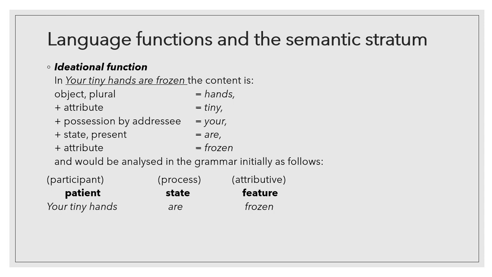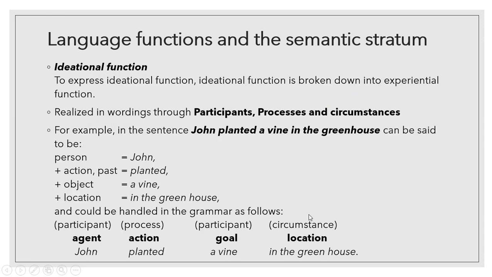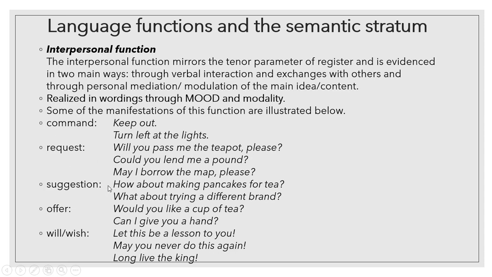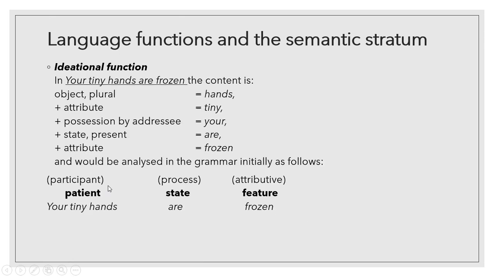The pattern here will be a bit different from the previous active sentence: circumstance, attribute. Your tiny hands belong to the same category, participants. It is the subject, and it has the function of patient.